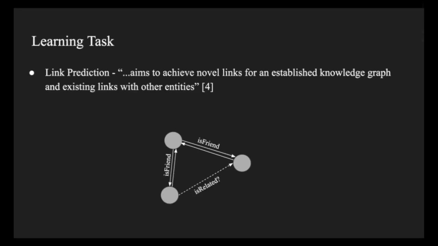We can see a relationship between A and C that also says they are friends. So link prediction would be trying to define, based on the previous relationships between the objects and subjects, what would be the relationship between B and C? Can we say they are related, or they are friends, or another type of prediction?